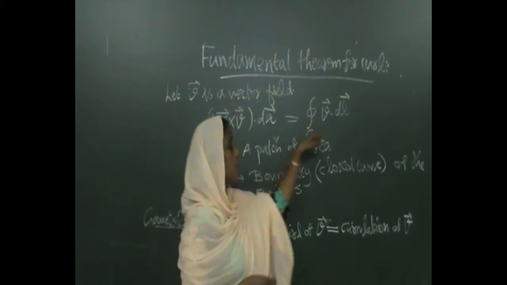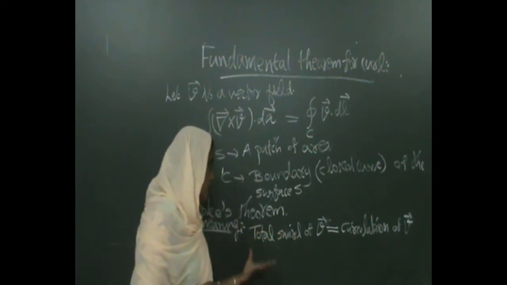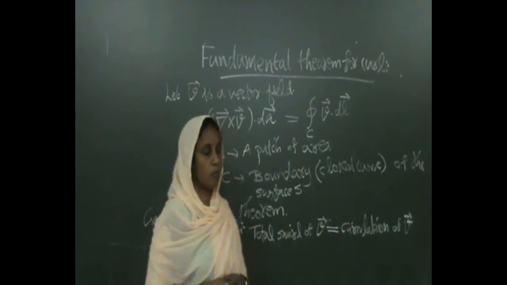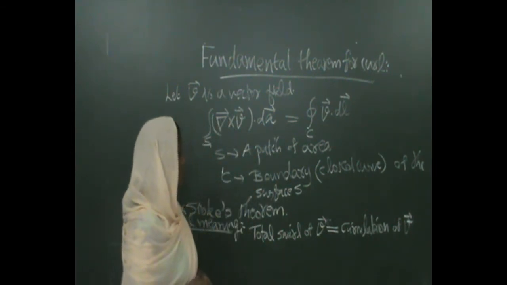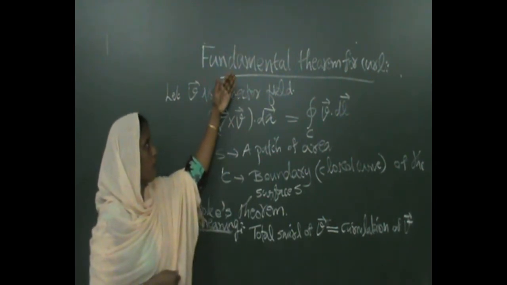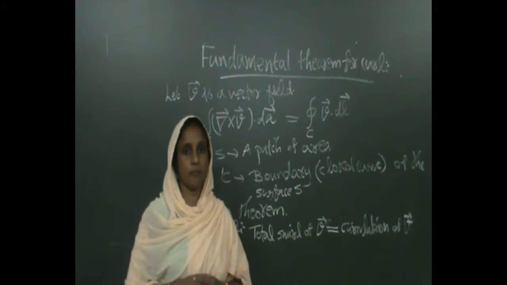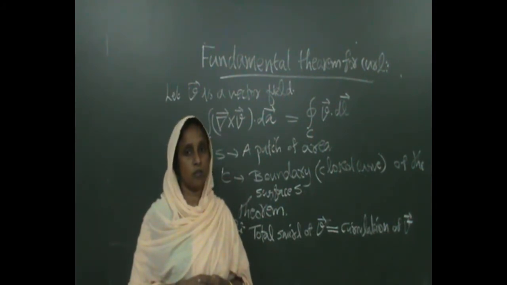This RHS represents the circulation of vector V. So, you can take either the total swirling of vector V or its circulation. Both are equal. These are the main points about the fundamental theorem for curl.